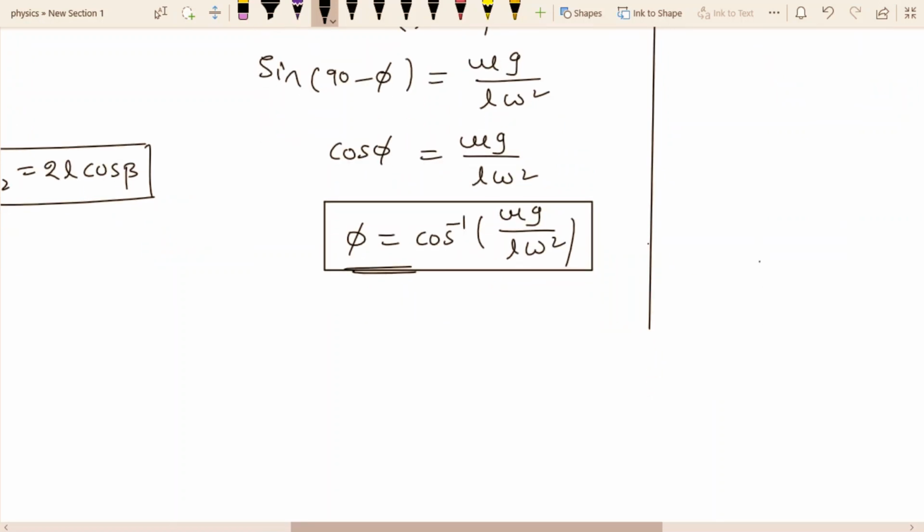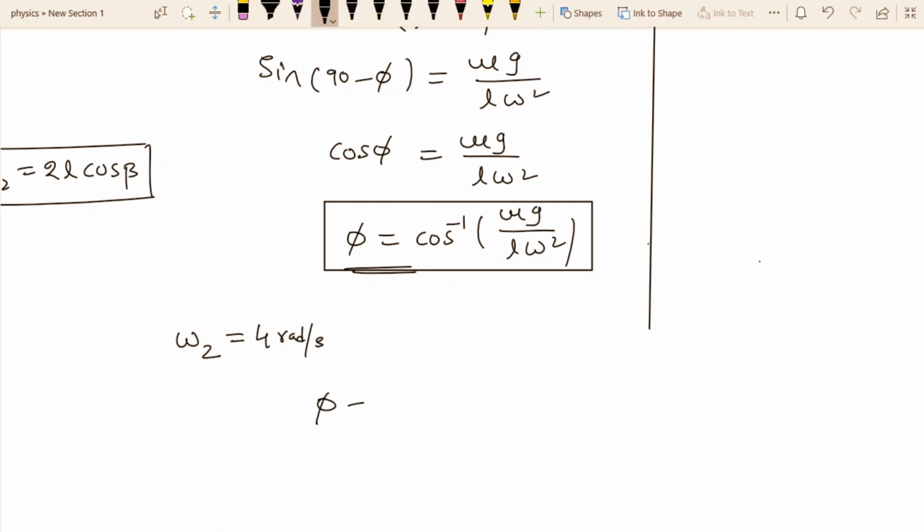So this is the angular speed omega at a particular instant of time. Now let us put the value of omega 2 in the place of omega. We already have the omega 2 value, that is 4 radian per second. Let us put the value of omega 2 here, and mu g divided by L, and we have to put the values of mu, g and L. Let us compute and see what we will get.